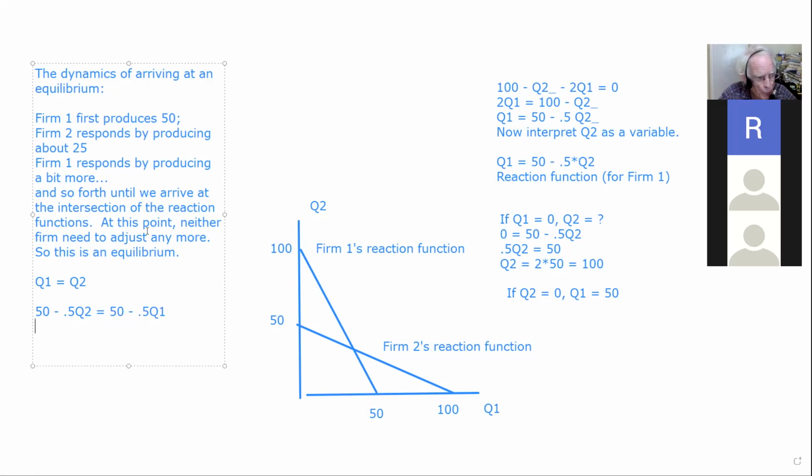But Q1 equals Q2 in the equilibrium, so let's make that change.